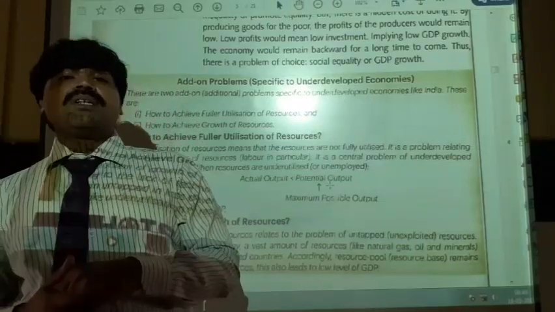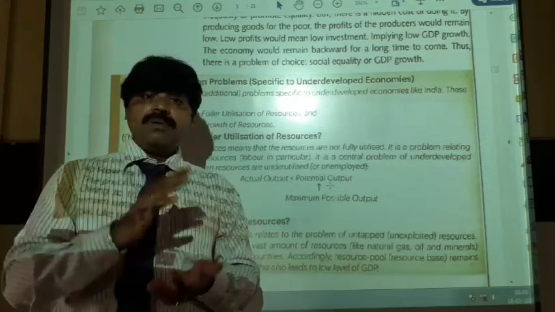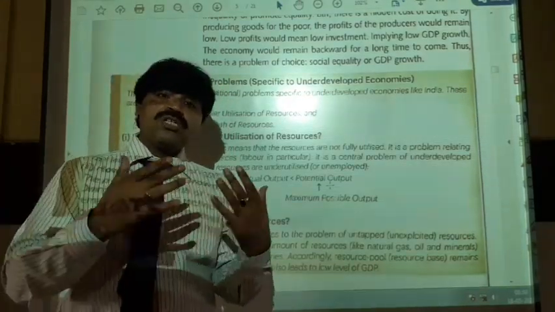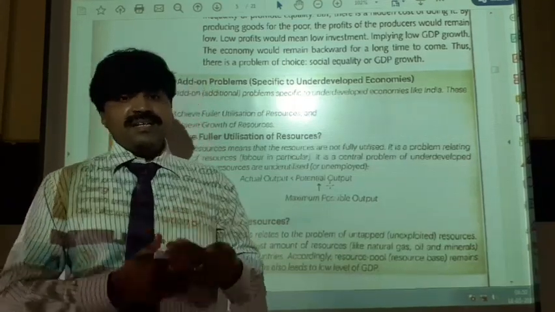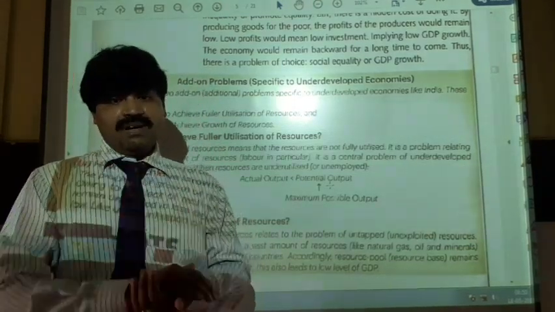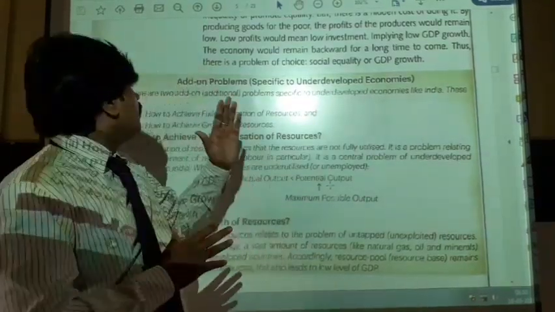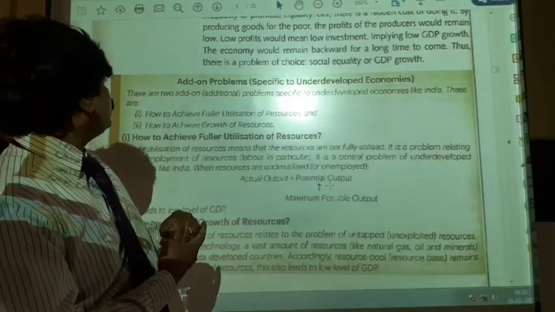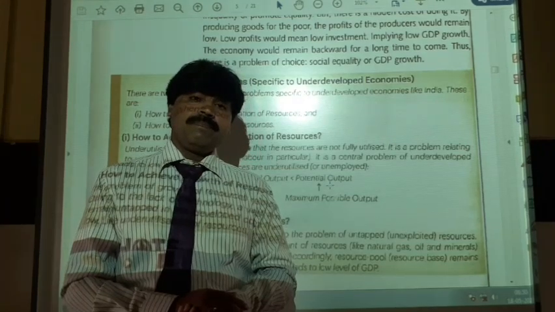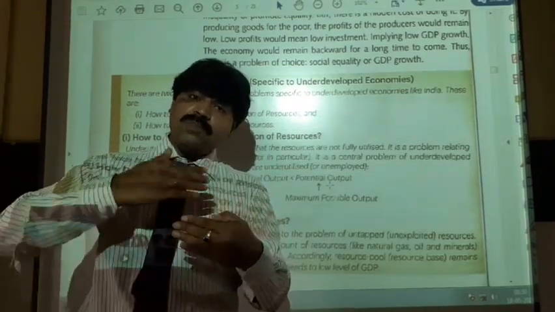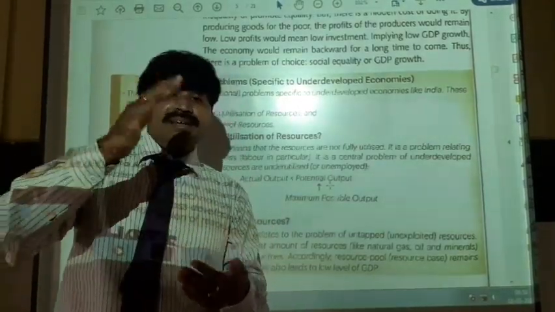Generally, in the poorer or underdeveloped or developing countries, the resources are not properly utilized, and due to this, these countries are backward. So in underdeveloped economies, there is the problem of proper utilization of resources so that economic development can be enhanced.